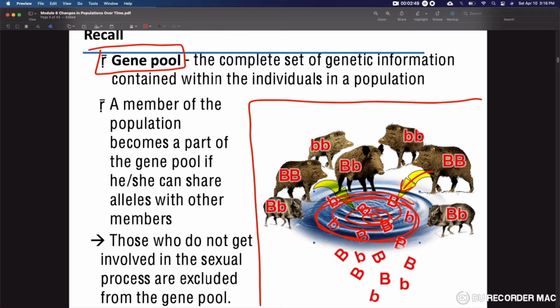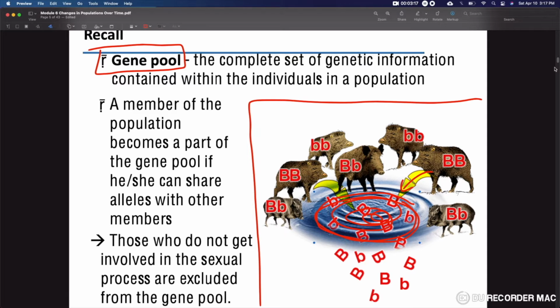Say, for example, you die, then the genes that are inside you get lost. Or you decided not to have a baby because of your own choice. You do not get to be a member of that gene pool, because you are no longer sharing your genetic information with other members of that population.